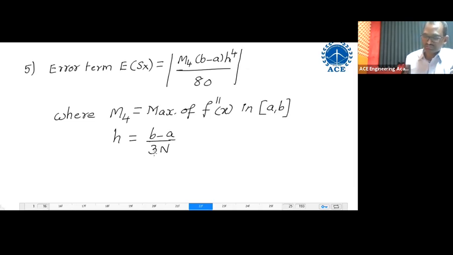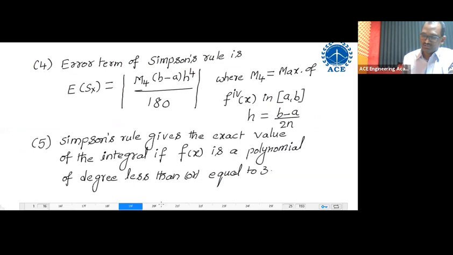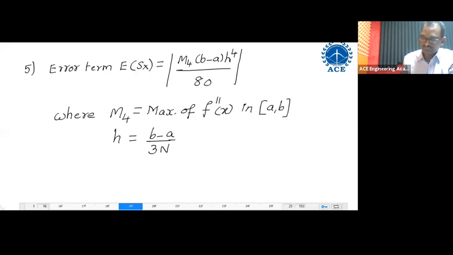That's why it should be 3n. Otherwise, it is n only. This is f power 4 of x.